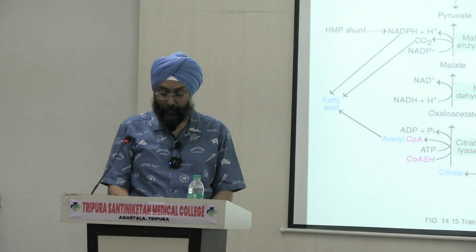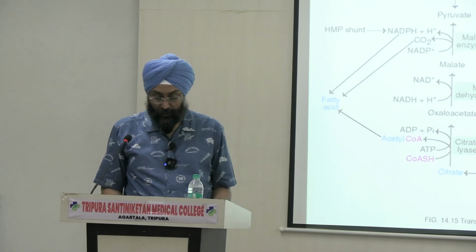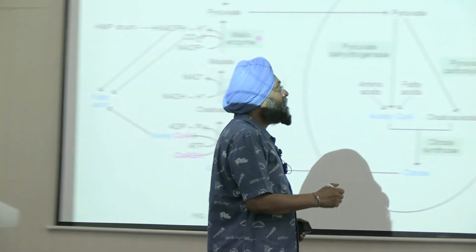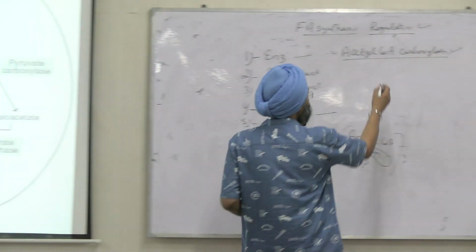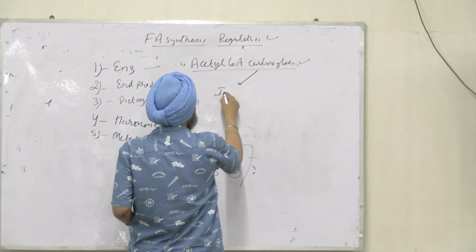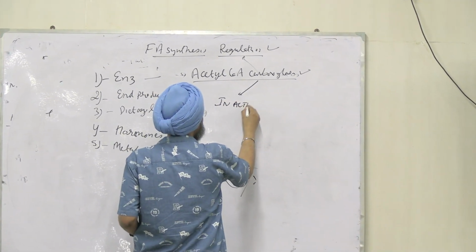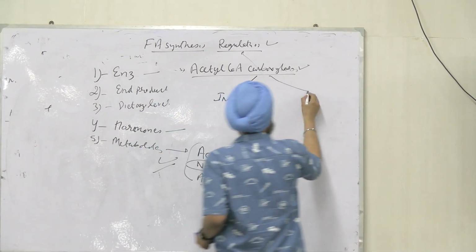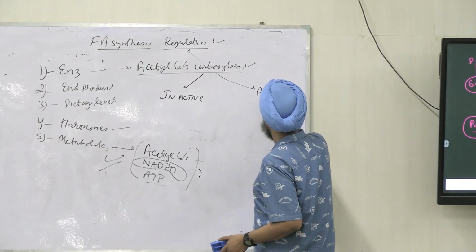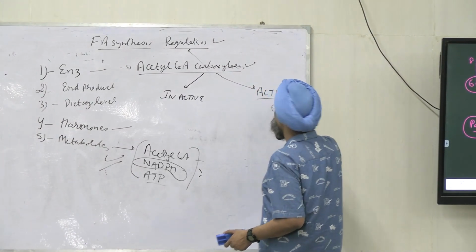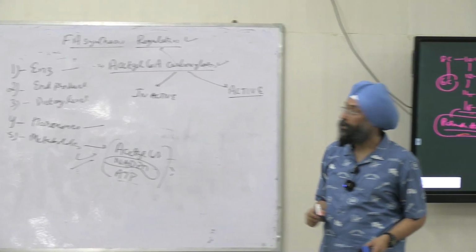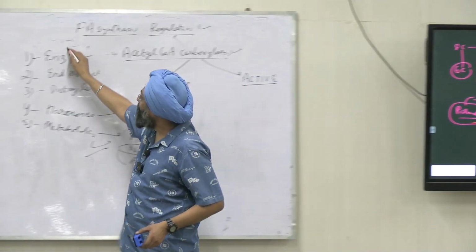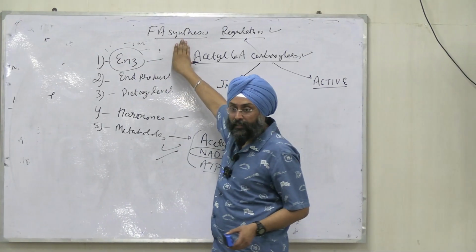This is a committed step, right? And this occurs in two forms. One is the inactive form, and the second is the active form. We are discussing the enzymatic regulation of fatty acid synthesis, right?